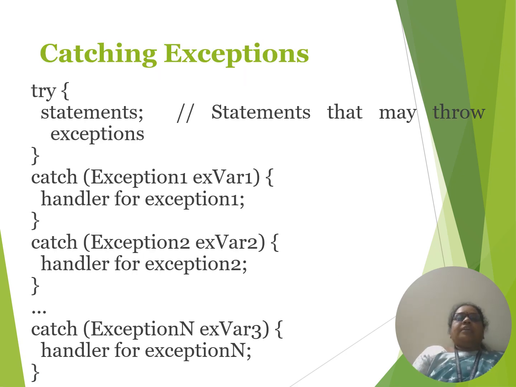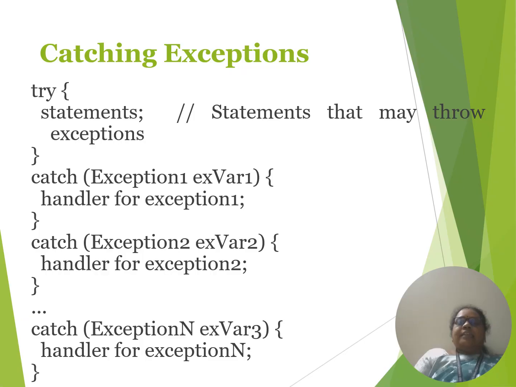Catching the exception. Try statements. The try block will be followed by the catch, with the exception variable. Any number of catch statements can be created. For example, in the process of ATM withdrawal, we can give many try catch statements from the very start.